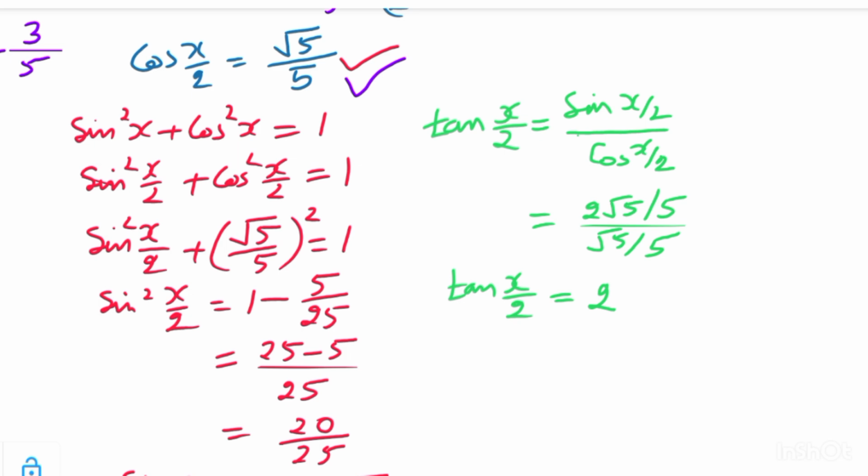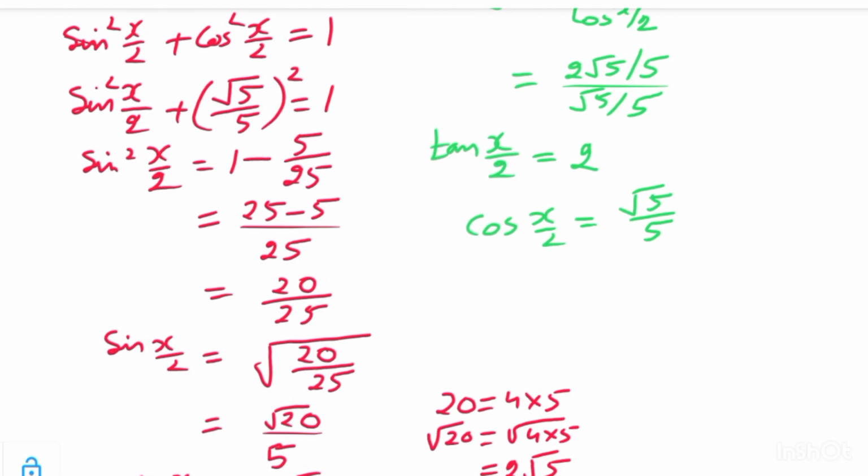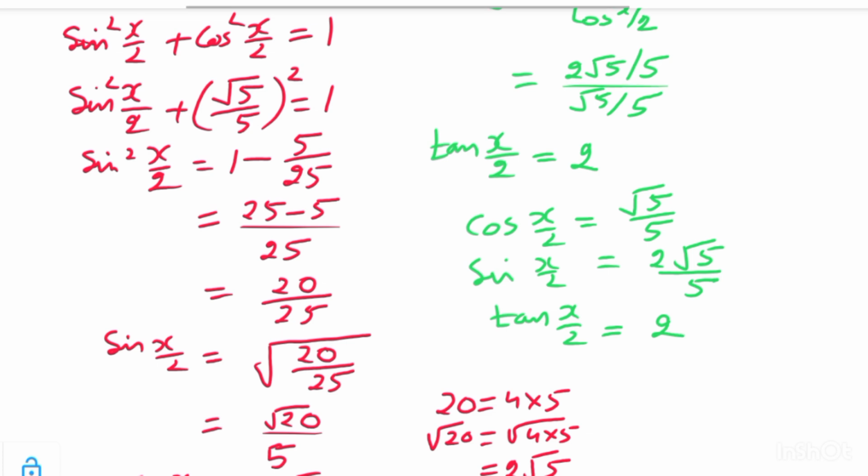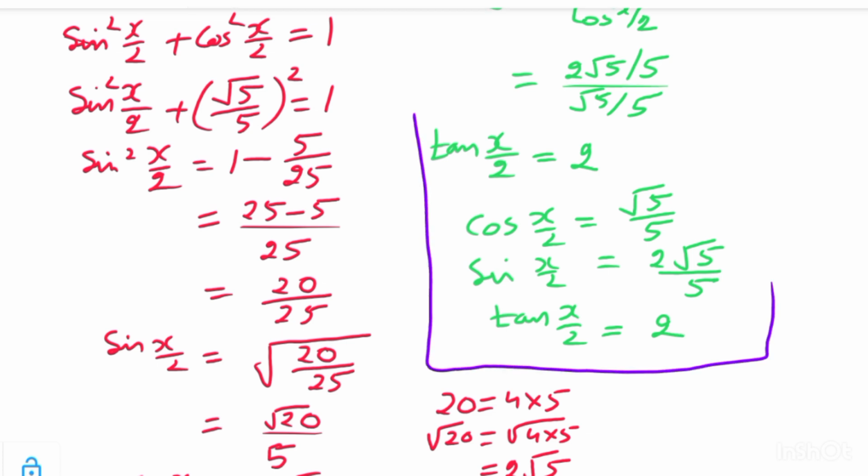So all the values are cos x by 2 is equal to square root of 5 divided by 5, sin x by 2 is equal to 2 root 5 divided by 5, and tan x by 2 is equal to 2. So this is the answer for the question number 8.